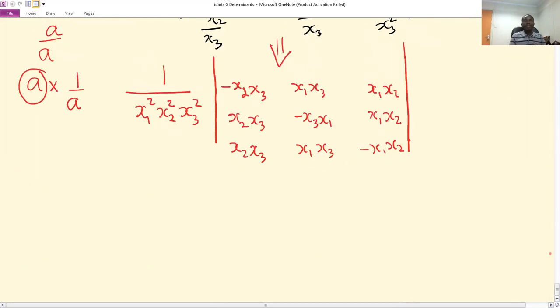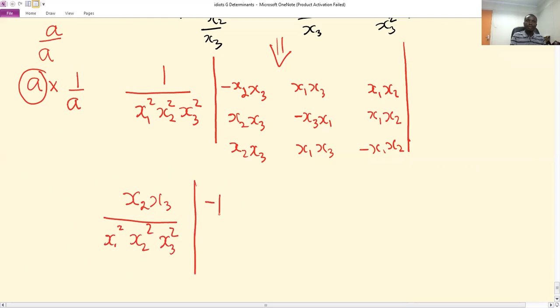And if you check this new determinant here, you see this first row, all the elements have a factor x2, x3. So I pull out and I have x2, x3 divided by x1 squared, x2 squared, x3 squared.